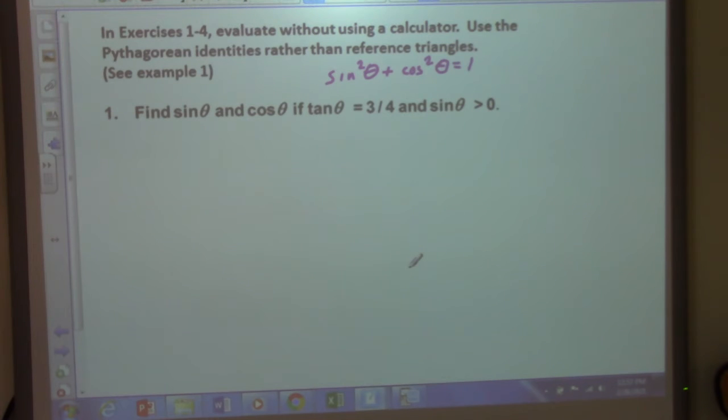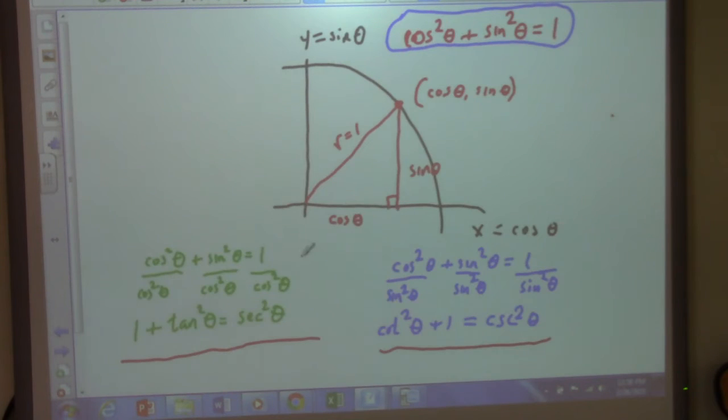Pythagorean identities. And for those of you who weren't here yesterday, we talked about where Pythagorean identities came from. They came from the Pythagorean theorem. Isn't that strange?